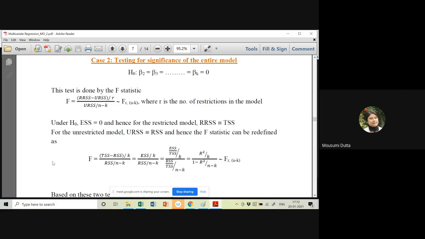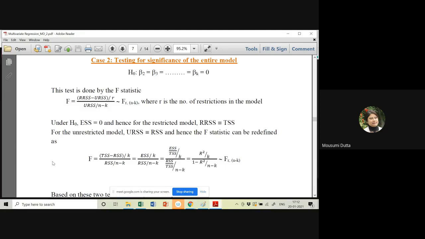So while you check these notes, please write down the degrees of freedom of RRSS and of URSS. The degrees of freedom of URSS is already given as n minus k. However, please write down the degrees of freedom of RRSS and check whether the number of restrictions is exactly equal to the difference between the degrees of freedom of RRSS and URSS.